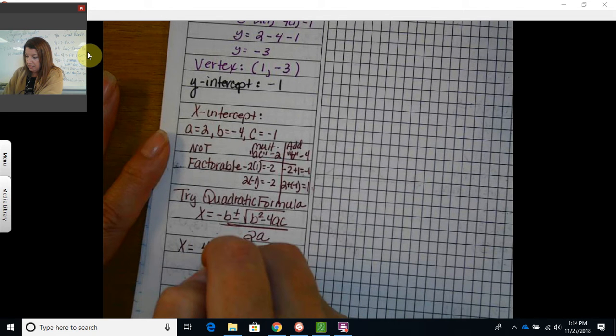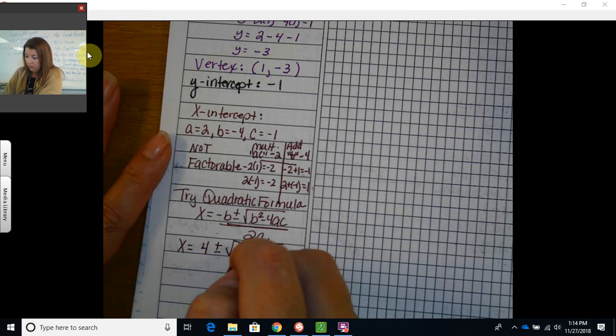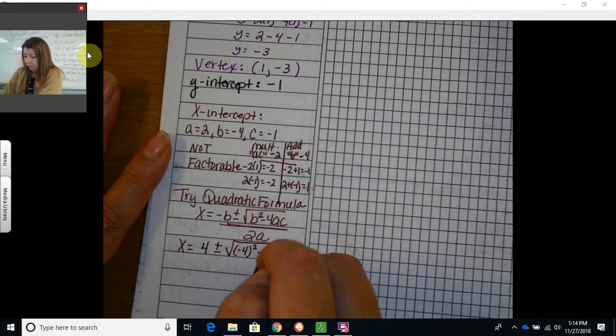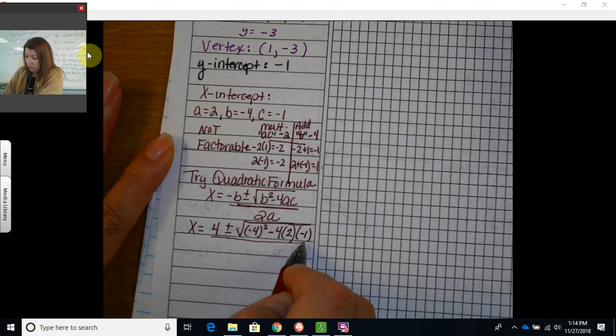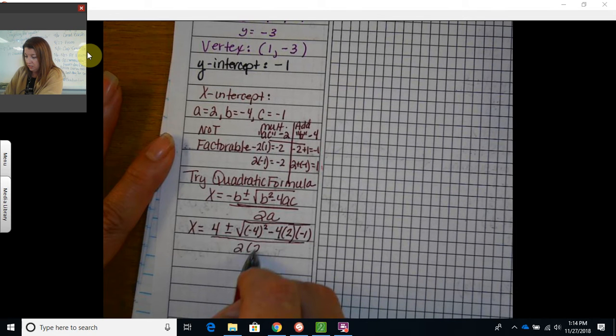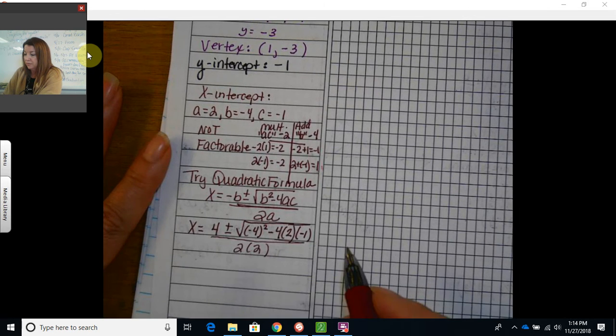Plus or minus the square root of b squared, that's negative 4 squared, minus 4 times 2 times negative 1, all over 2 times 2. Because 2 times a if a is 2. We good with that?